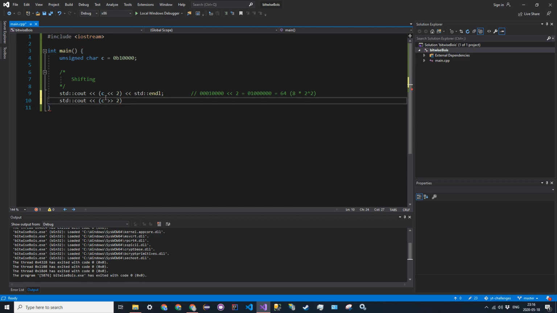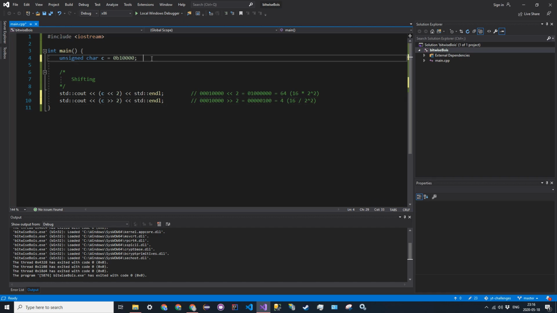You might predict what we get. std::endl. We're going to get 0, 0, 0, 1, 0, 0, 0, 0, and we're right shifting by 2. This means that we're shifting all the bits over by 2. So we're going to get 5 zeros on the left, so 1, 2, 3, 4, 5, 1, 0, 0, which is equal to 4. You might be thinking, this is actually 16 divided by 2 to the 2. Just interesting.